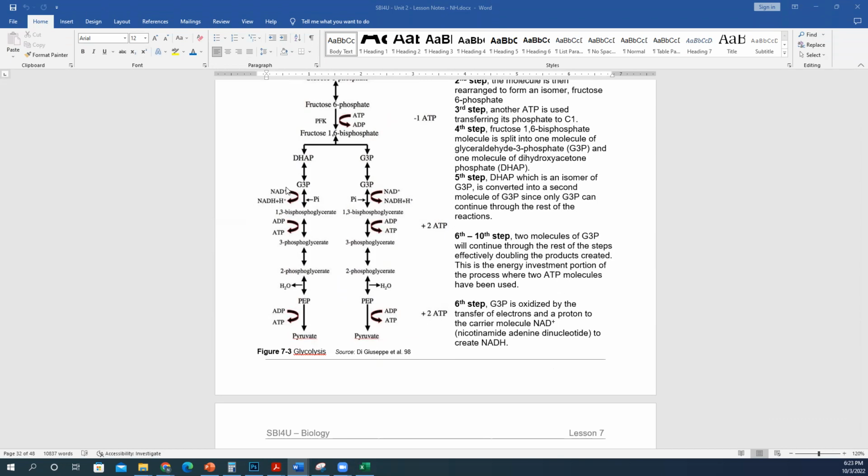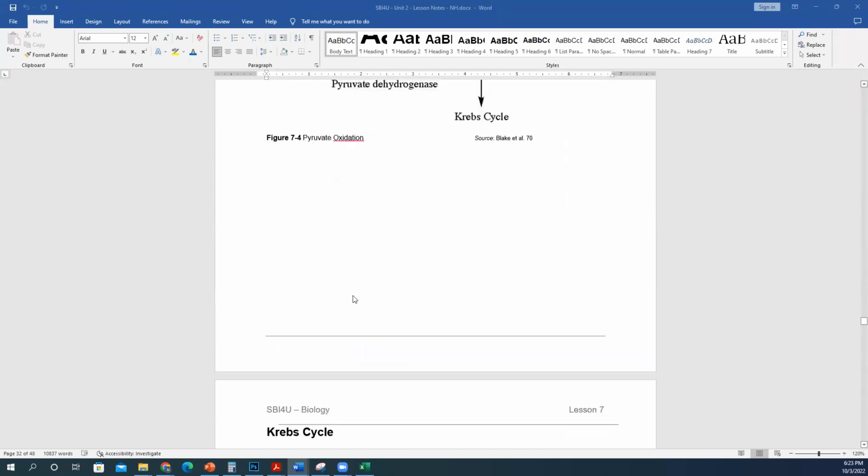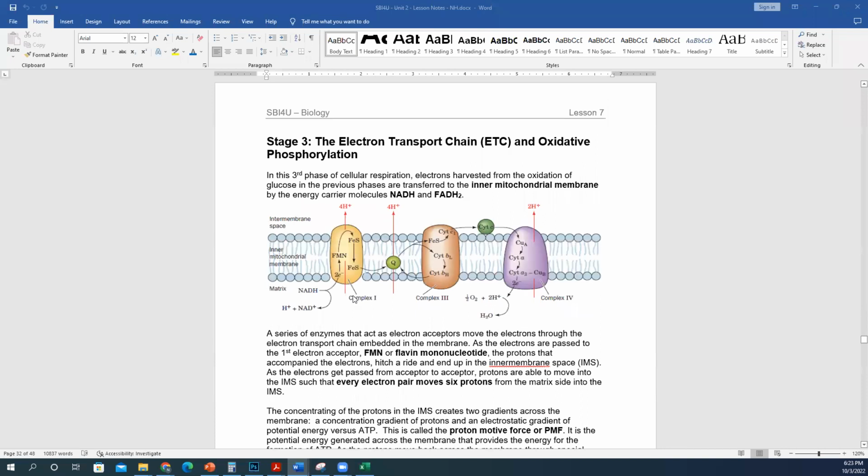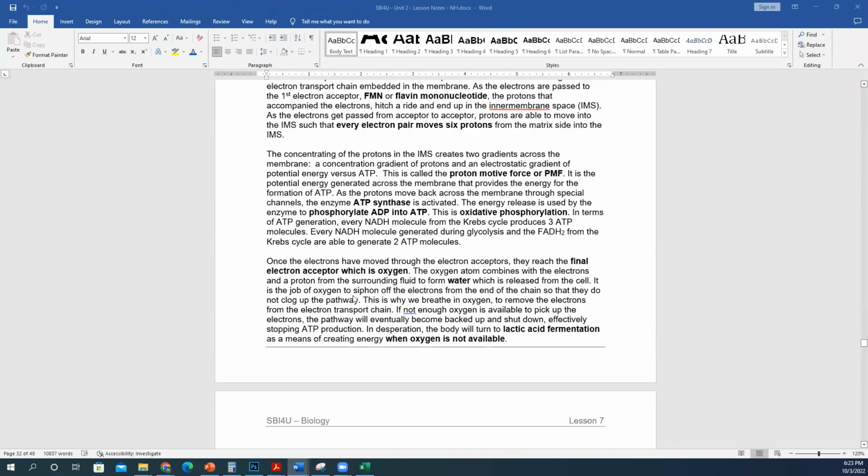So as long as you're able to supply glycolysis with a supply of NAD plus, you can allow glycolysis to go on. So that is the limiting step for glycolysis, is the NAD plus, is one of the limiting steps.